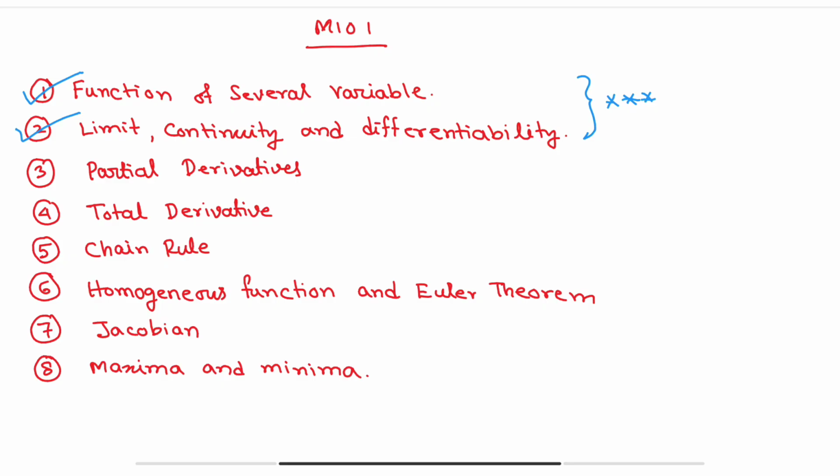And very important topics are chain rule, partial derivative, homogeneous function, and Jacobian and maxima minima. So today I am starting first and second, that is function of several variable, and limit, continuity, differentiability.